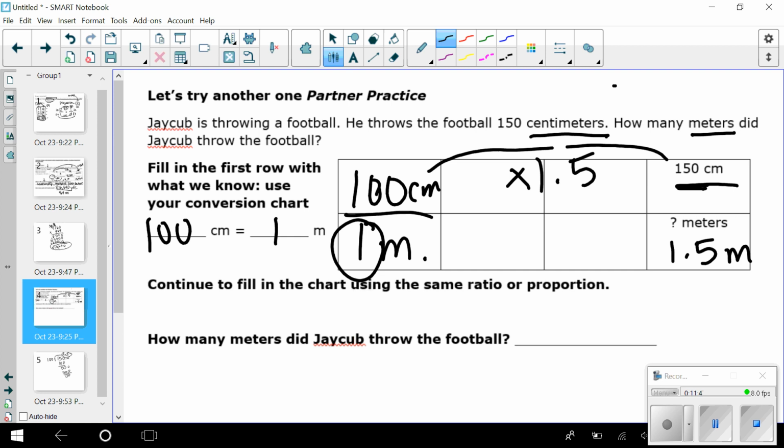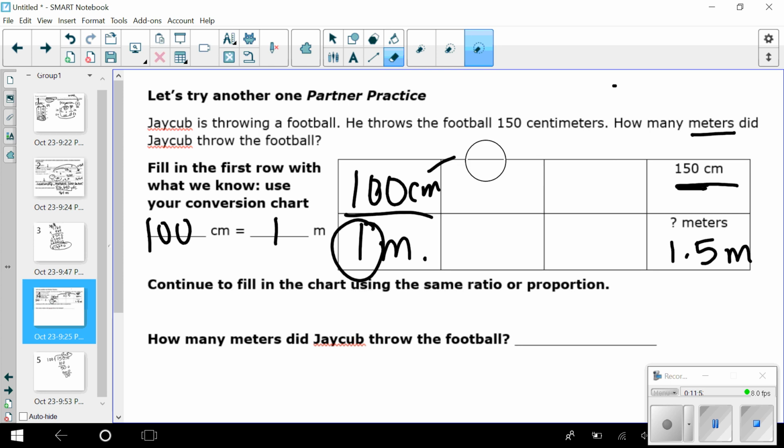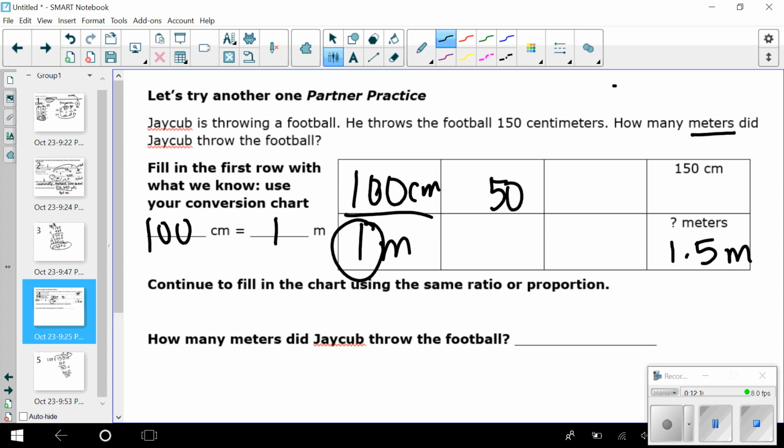When you're talking about the unit rate of 1, the scale factor is actually going to be your actual equivalent. Now, something else that I can do is use the math reasoning skills here, right? What do I know about 100, and what do I know about 150? Well, if there's 100 centimeters in 1 meter, and here I have 150, think about what we did on our tables before. 50 centimeters would be how much of a meter?